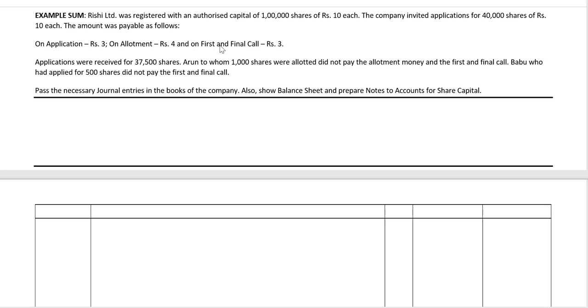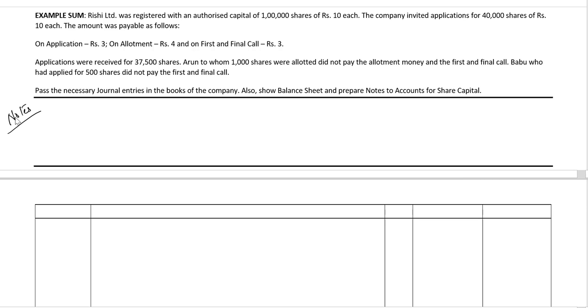Now if we see here, the number of shares issued by the company Rishi Limited is 40,000 shares, whereas the applications were received for only 37,500 shares. So we need to do the entire sum for the number of shares allotted, which is 37,500 shares.